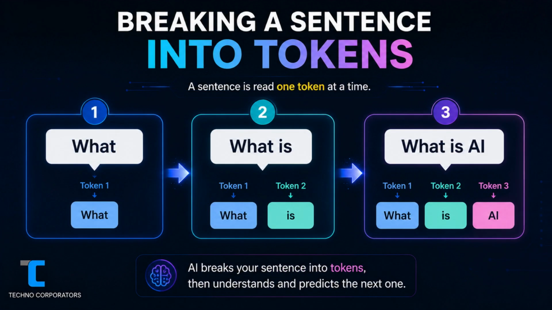What is AI? Instead of treating it as one complete sentence, the AI divides it into smaller tokens. It processes these pieces one by one while also understanding how they relate to each other. This makes it easier for the model to understand meaning and generate accurate responses.